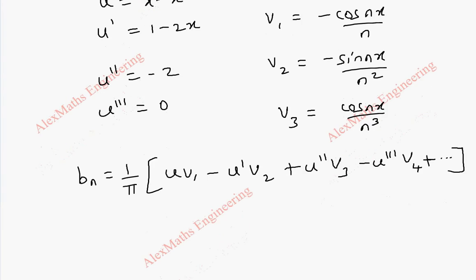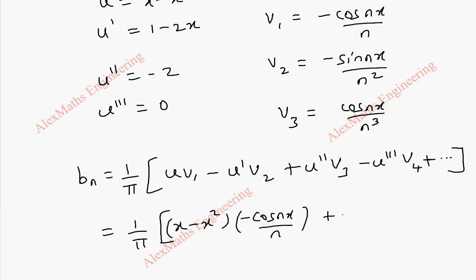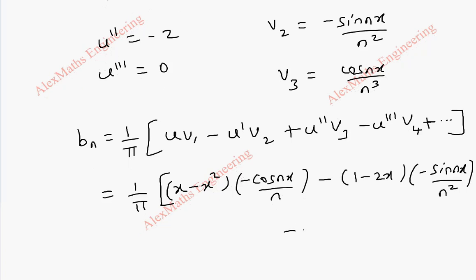Now this becomes 1 by pi, u which is x minus x square, v1 is minus cos nx by n, then minus u dash, which is 1 minus 2x, into v2, which is minus sine nx by n square, and third term u double dash, which is minus 2, into v3, cos nx by n cube, from minus pi to pi.